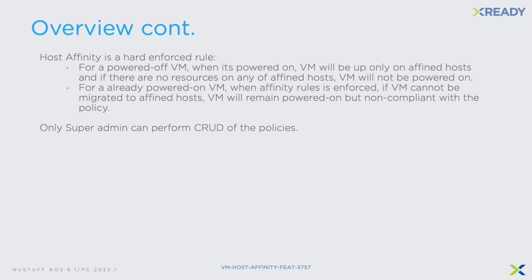If a VM is already powered on and you enforce the affinity rule on that VM, and it can't be migrated to one of the hosts for any number of reasons, then the VM will remain powered on but be marked as non-compliant with the policy. Only Prism admins can perform these operations today because we don't support RBAC on these policies yet.